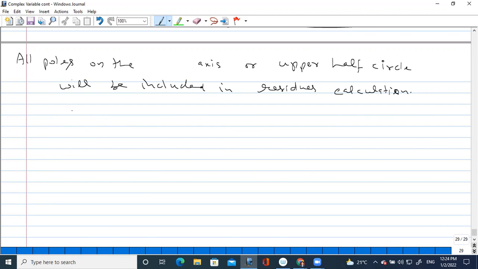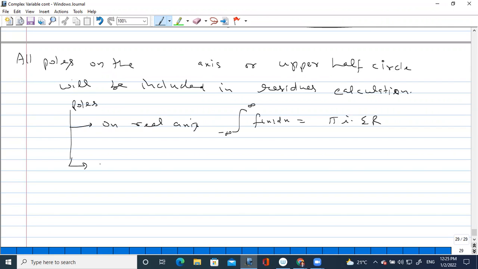Okay, and for that also, because two types of poles are there, for those which are on the real axis, these are the poles on the real axis. If poles are on the real axis, then you have to take integral from minus infinity to infinity of f(x) dx equals pi i into summation of residues.